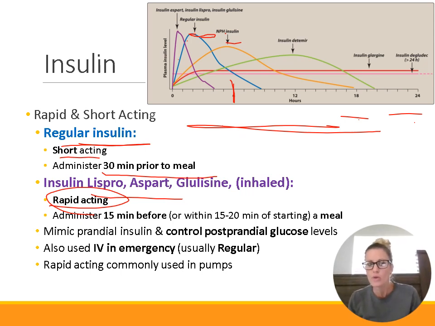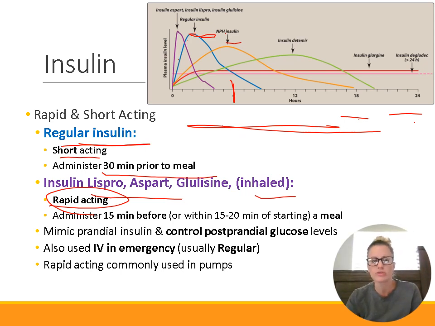Insulin lispro, for example, peaks between 30 and 90 minutes, so it's peaking in about half as much time as the regular insulin. They're active really, really quickly. Inhaled, again, we don't really recommend, but the inhaled powder peaks in about 45 to 60 minutes, so it's still pretty rapid.